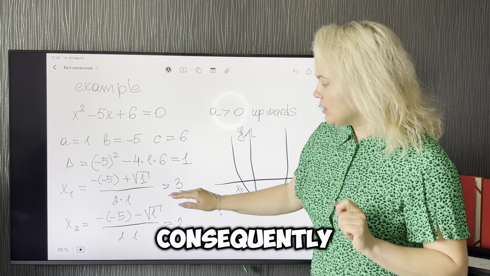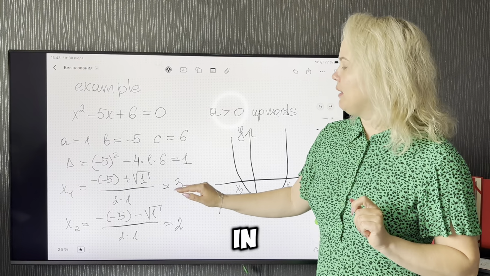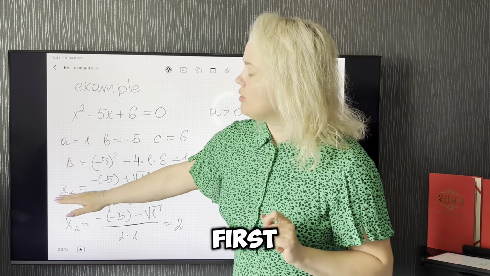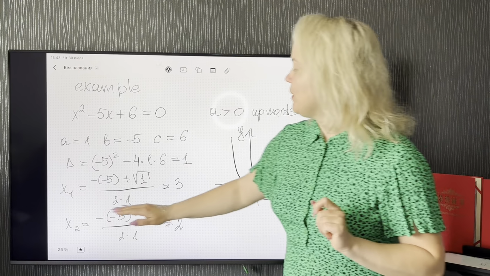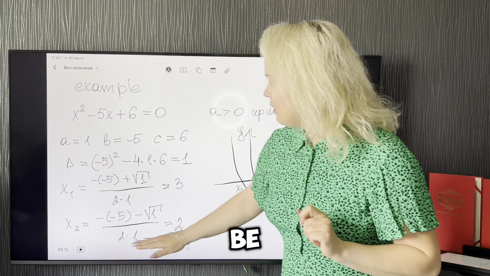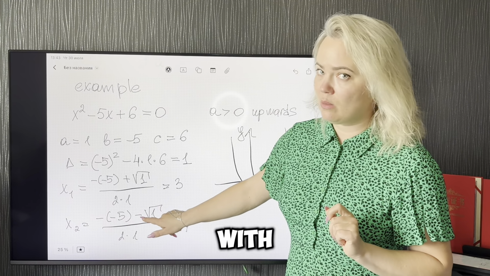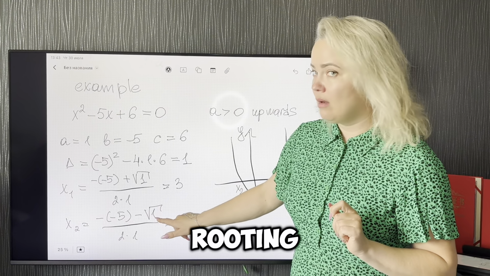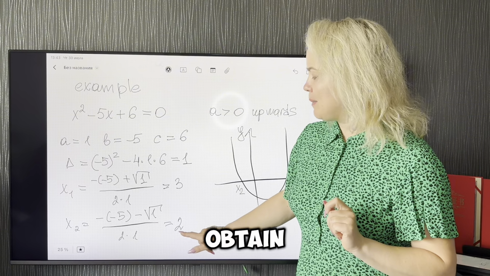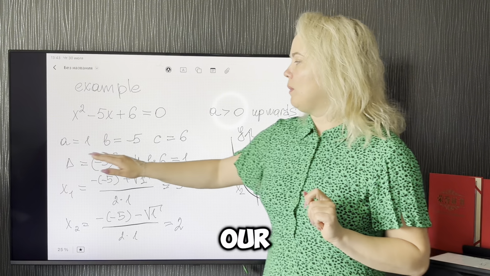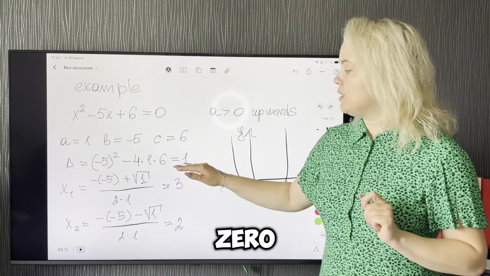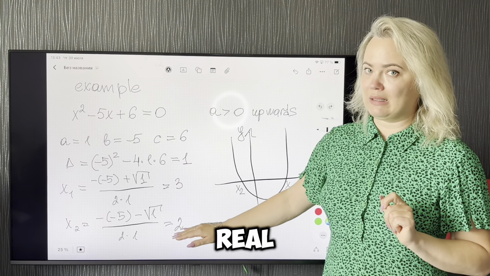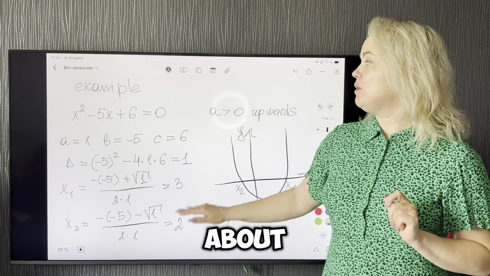Consequently, we obtain 3 as our first root of the equation. The second one will be the same, but with the minus before the square root of the discriminant, and we obtain 2.